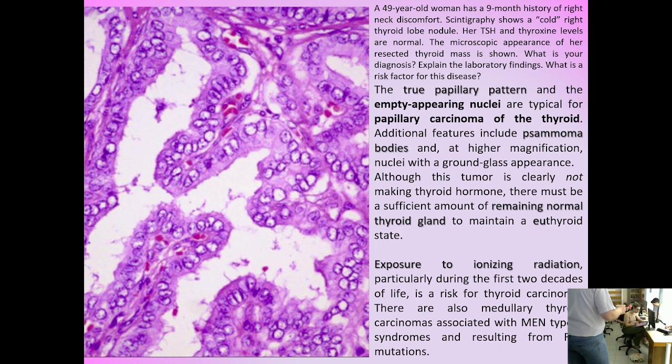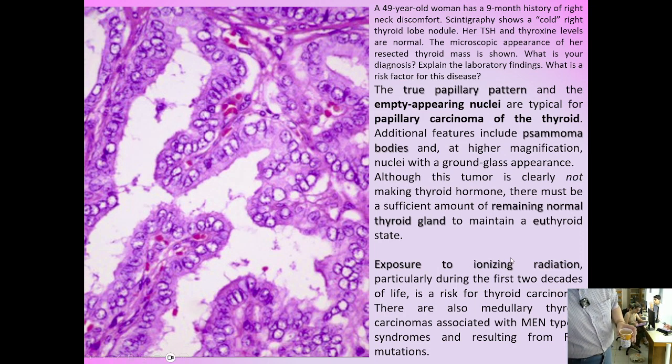So papillae are helpful for diagnosing the classic type of papillary thyroid carcinoma, but they are not mandatory to diagnose a papillary carcinoma. It could be of follicular pattern. However, if we see these nuclear features, the diagnosis is papillary thyroid carcinoma.